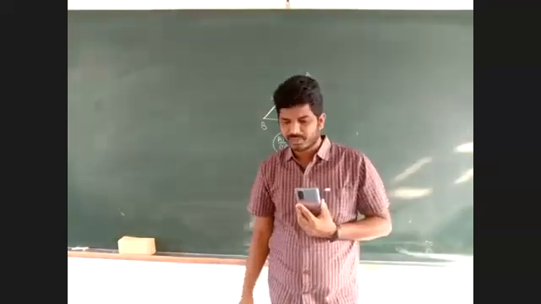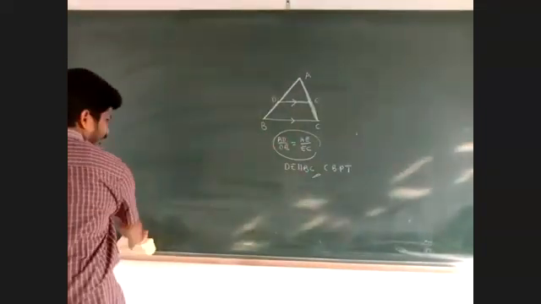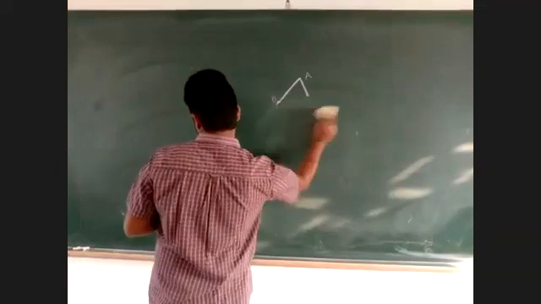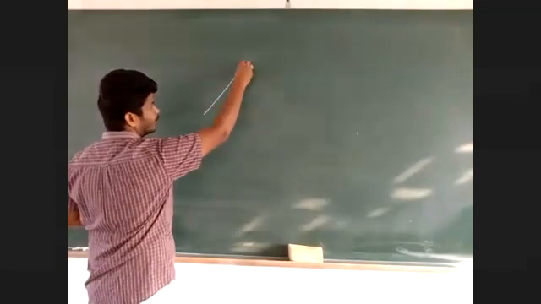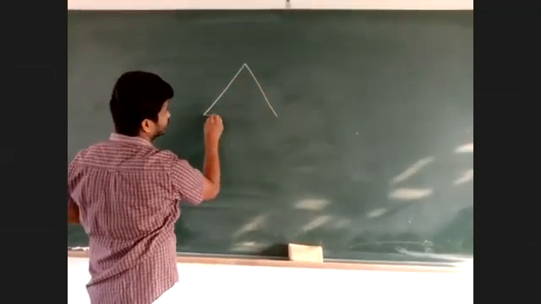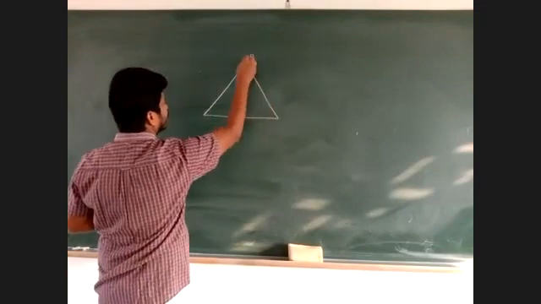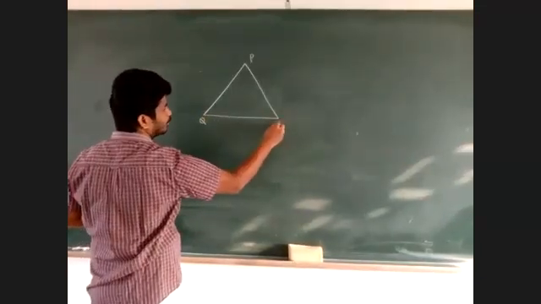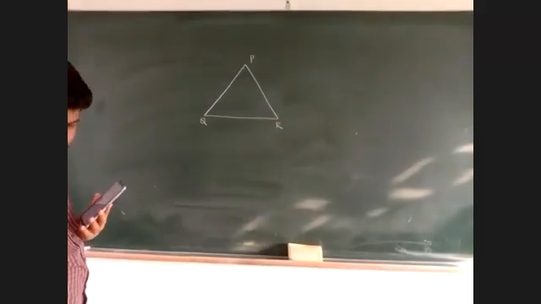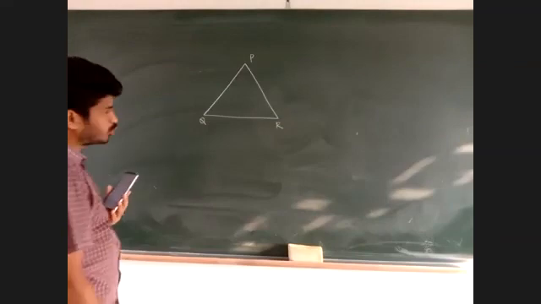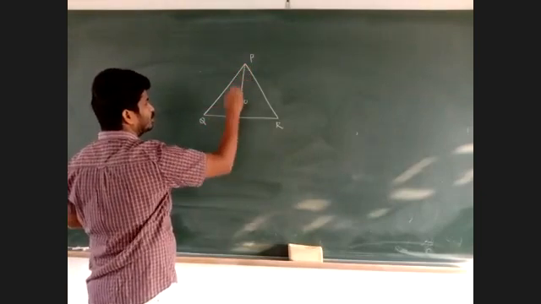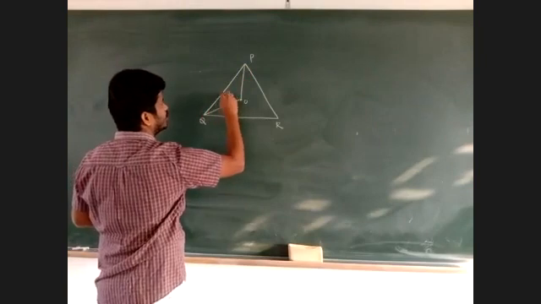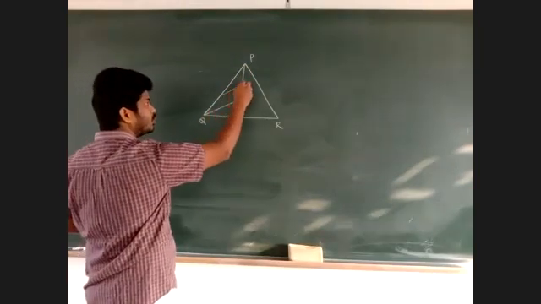PQR is a triangle. In this triangle PQR, this is PO, this is OQ, this is DF.